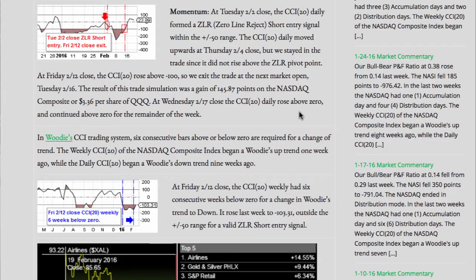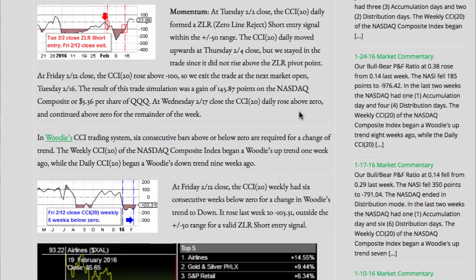At Friday, February 12th close, the CCI 20 rose above minus 100, so we exit the trade at the next market open, Tuesday, February 16th. The result of this trade simulation was a gain of 145.87 points on the Nasdaq Composite, or $3.36 per share of QQQ.